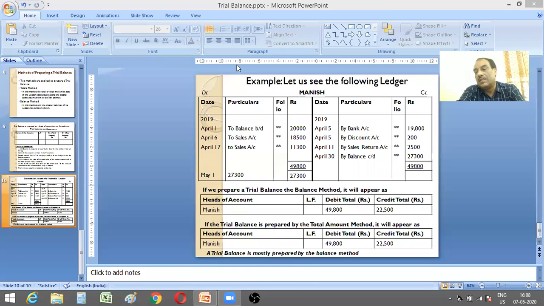Again here credit is short. So both methods are applied. Here in the balance method we are only taking the balance, and in the total method we will have to put the details of all the accounts. So this is the difference. You can read some articles on this also.